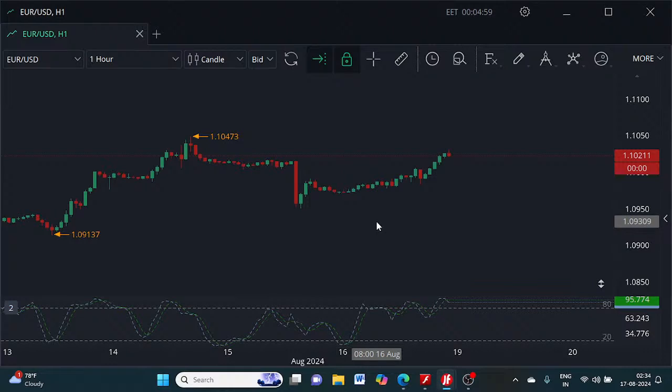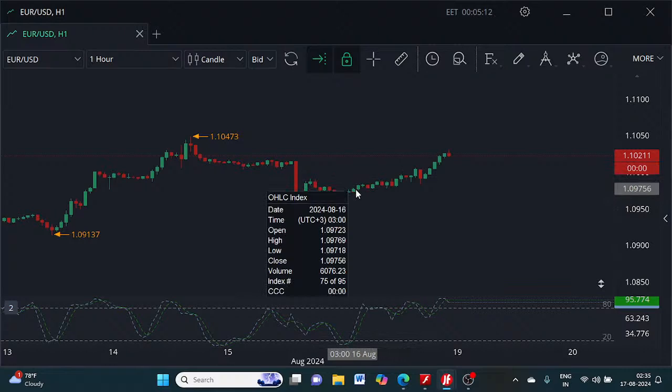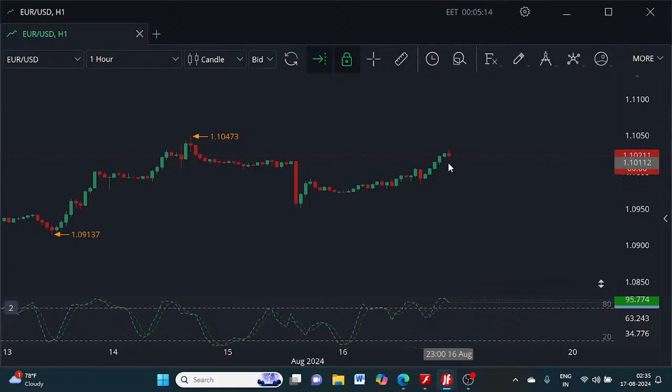Now, in today's session, we have seen the Euro USD slowly and steadily start climbing from the levels of 1.0970, and from there on, it has rallied close to 40 plus pips.